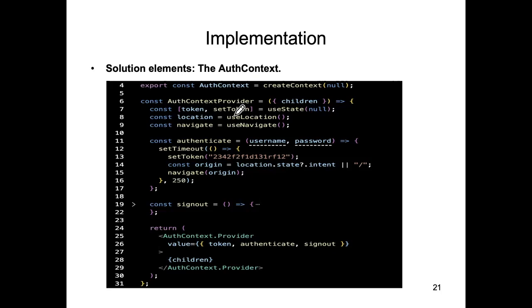It's called the pathname key, and it contains a string, and the string is essentially the current URL address or the new URL address that has appeared in the address bar. So the useLocation hook allows us to access that location object, and that will become useful to us, as we'll see in a while. The useNavigate hook we saw a while back will allow us to implement programmatic navigation.